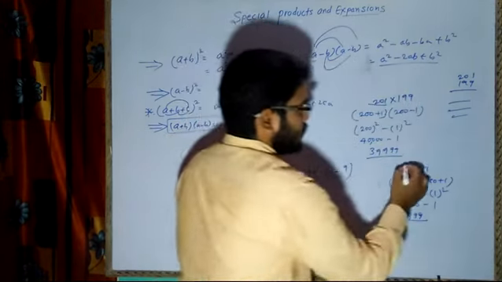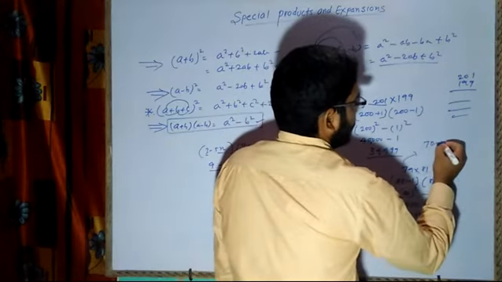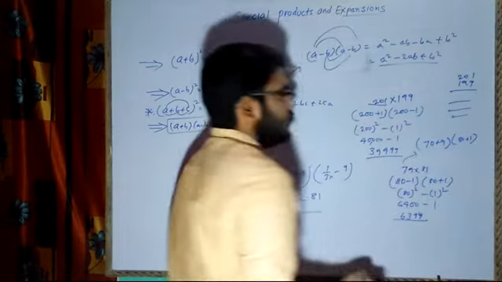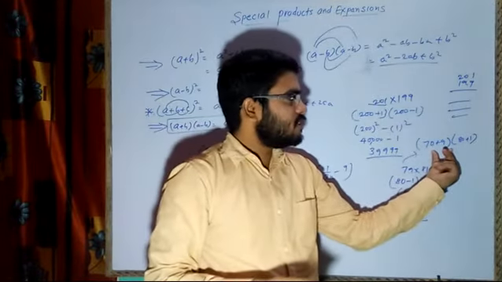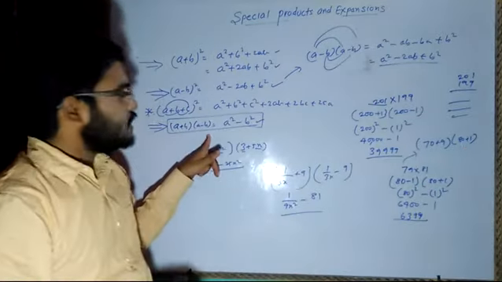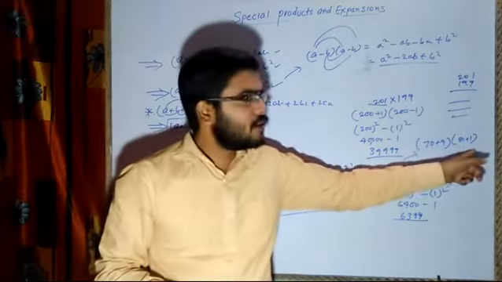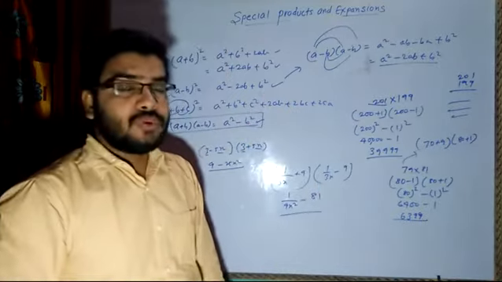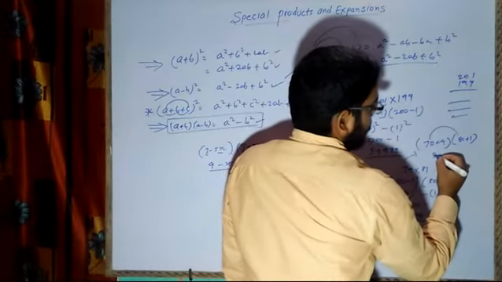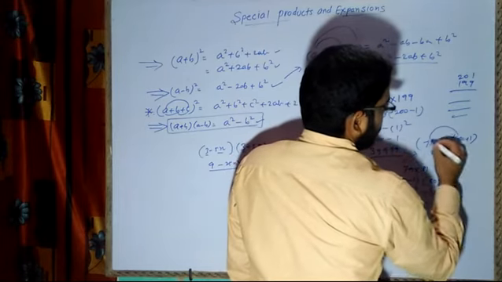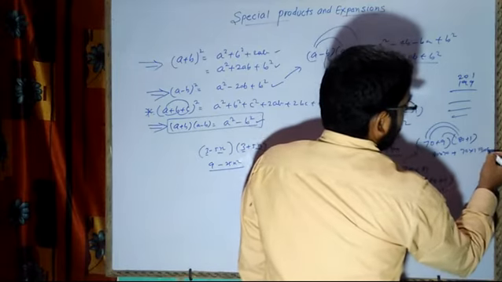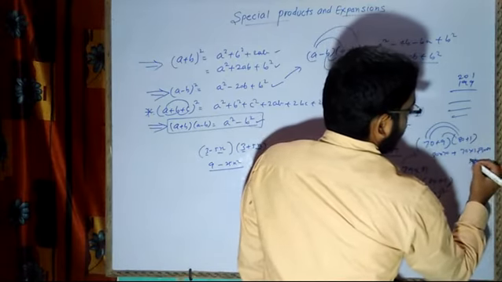Now some of you may say, sir, can I write like 70 plus 9, 79, and 80 plus 1? Now my dear student, if you go by 70 plus 9 and 80 plus 1, then you are not going to write in this form, and then you have to use the special product rule method, that is like 80 into 70, then 70 into 1, then 9 into 80, then 9 into 1.